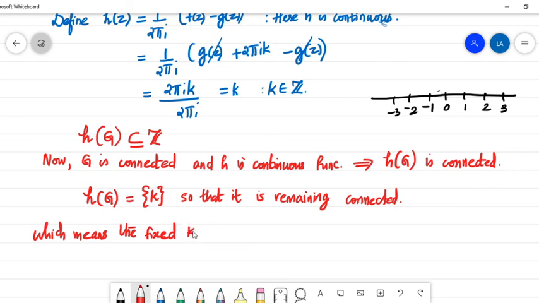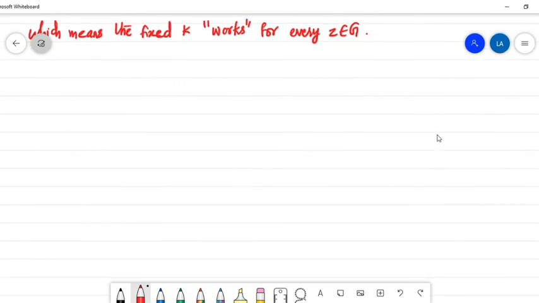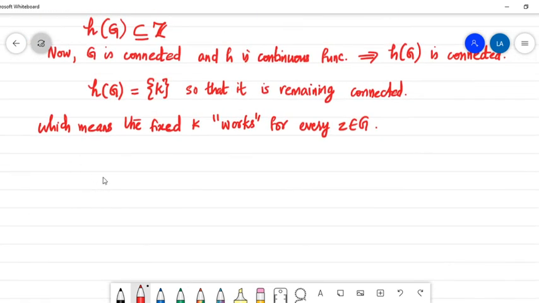The fixed k will work for every z that belongs to G. That is simply saying that f of z is equal to g of z plus 2k pi i, for every z that belongs to the set G, the open connected set G. And the particular k will work for every z belonging to G. This is what we finally conclude.